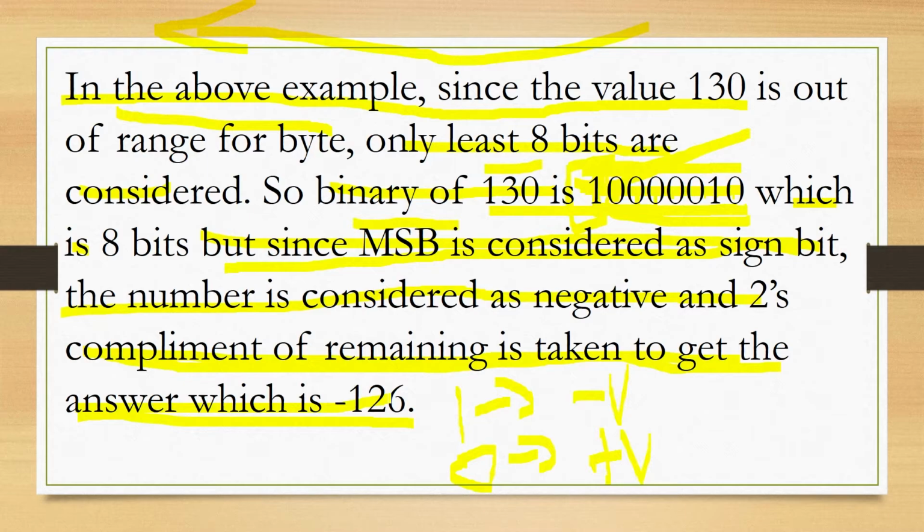If you don't know, then just don't pay much attention. But keep in mind that whenever a negative number is represented, it is represented using binary only, and the MSB is 1. Whenever MSB 1 is encountered, the 2's complement of the remaining bits is taken.